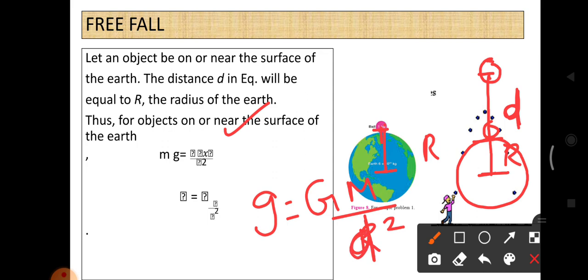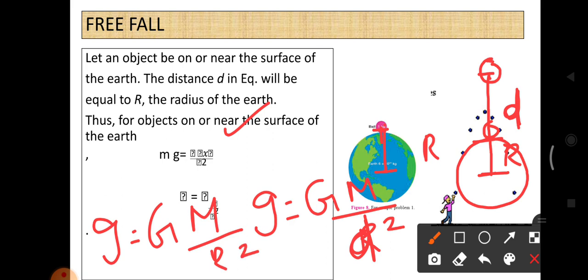When the object is placed near the surface of the earth, this d squared is equal to r squared. So g equals capital G M by r squared when the object is placed on or near the earth's surface.